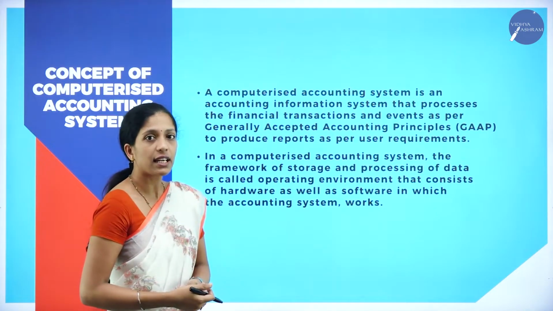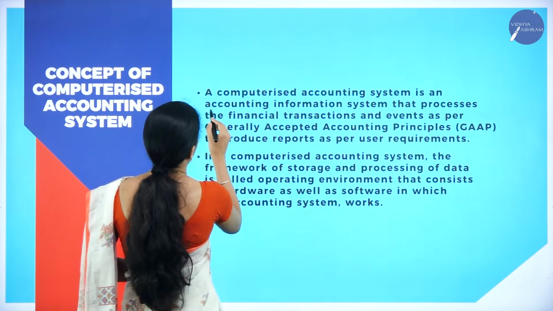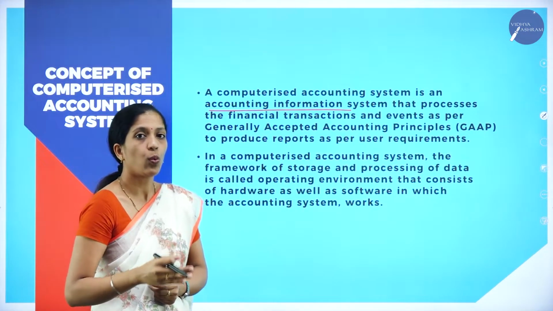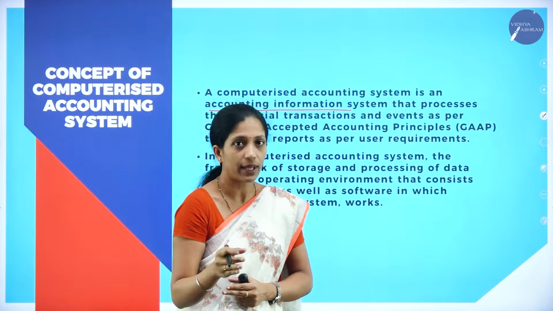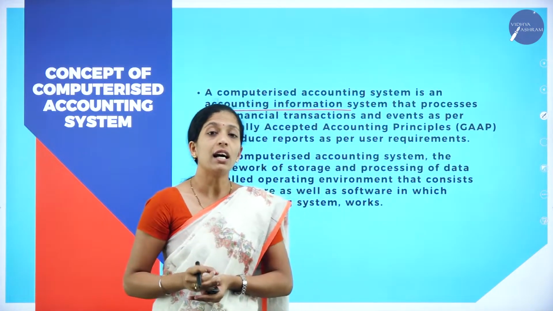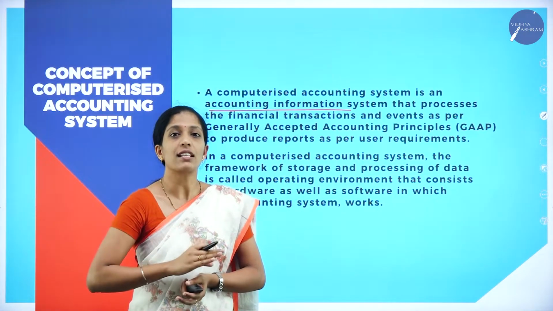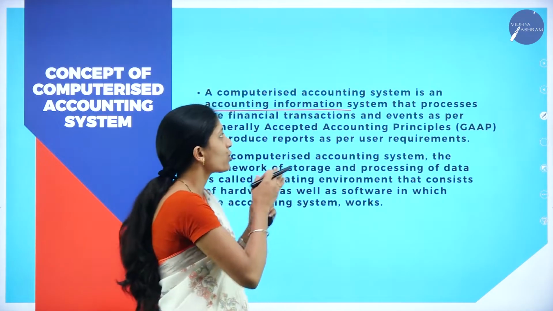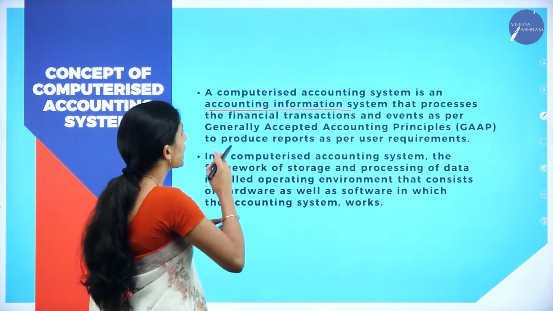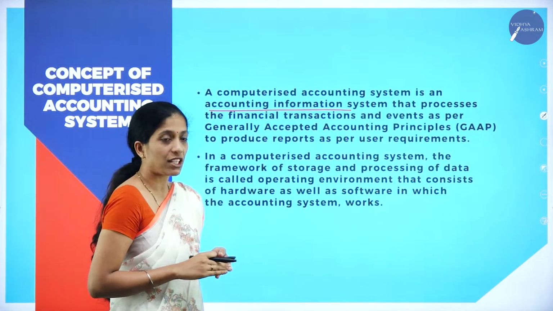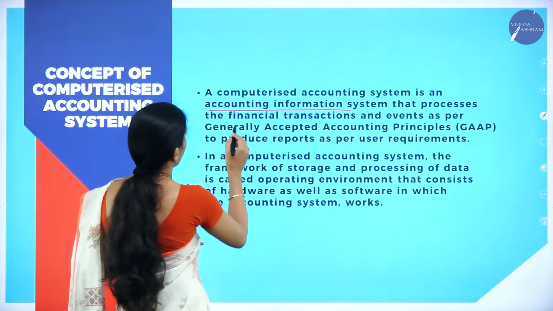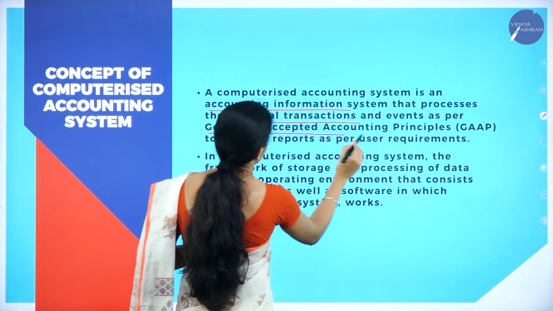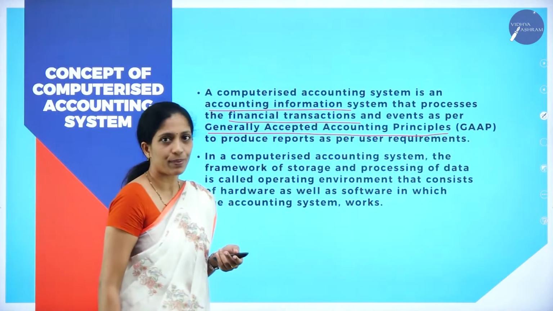A computerized accounting system is an accounting information system. Of course, we know whatever data is fed into the computer, we will get processed information, which is readily used by the users. So here also, a computerized accounting system is an accounting information system that processes financial transactions and events as per generally accepted accounting principles.